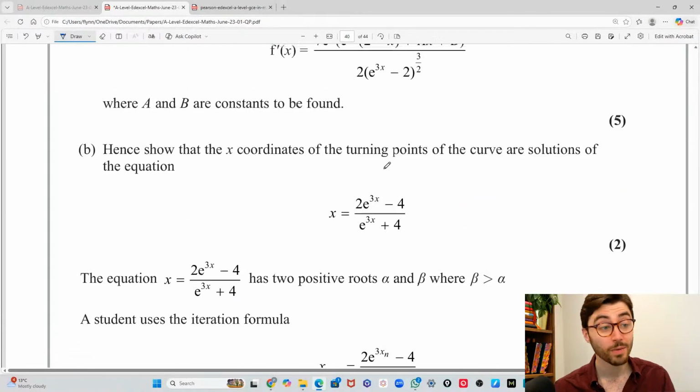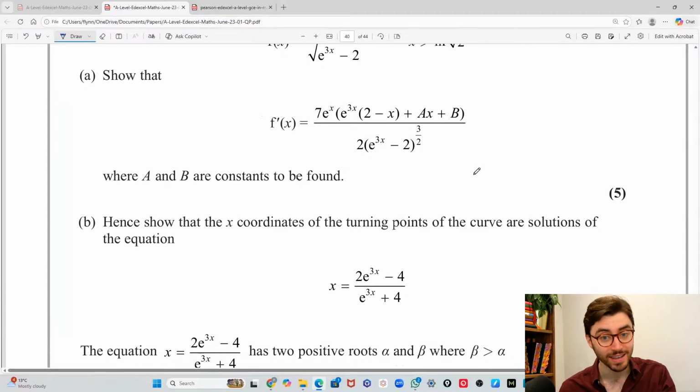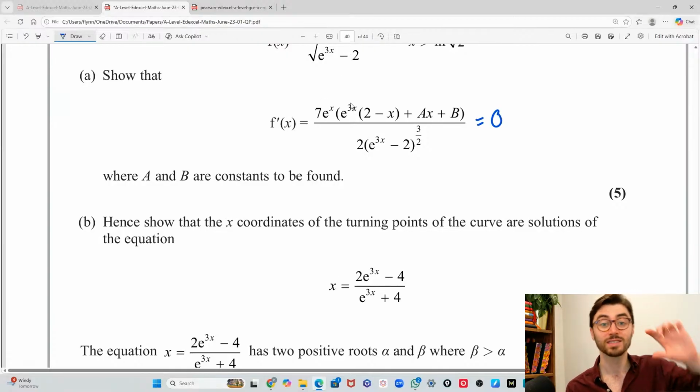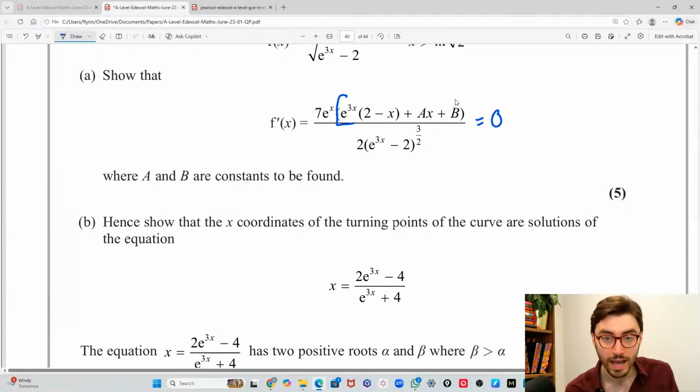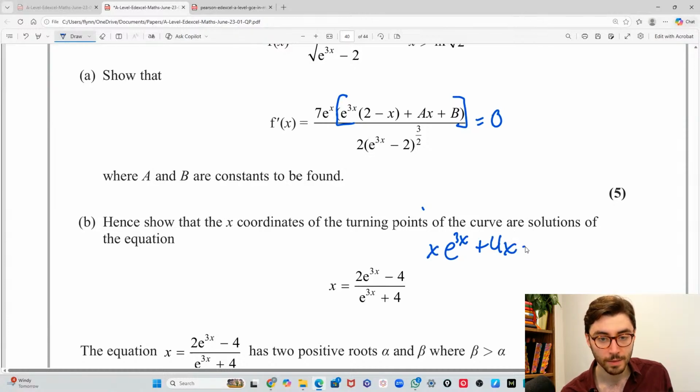Is that what they wanted? Yes. Now, by the way, cheeky, if you were stuck, you could have reverse engineered this. By knowing that this thing equals 0 when x equals this thing, you could have rearranged it and snuck it back into this form and worked out what A and B must be without even doing part A. So you could have said, plus 4x equals 2e to the 3x minus 4.